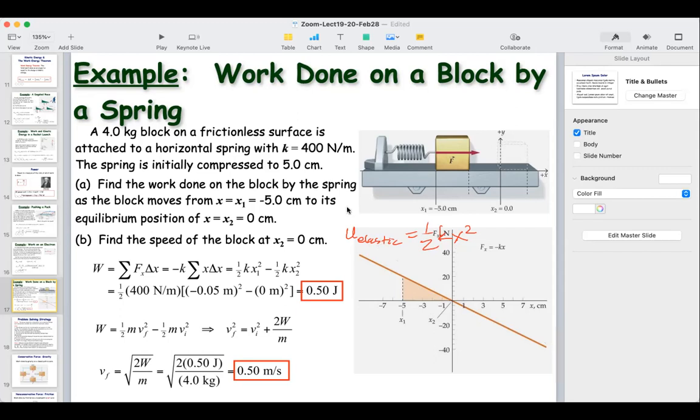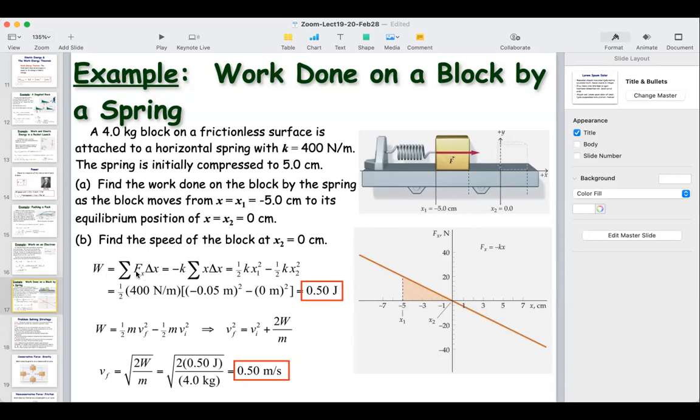Okay, very good. So in this case, we can use our usual work energy theorem. As Mike said, we know that the potential energy associated with the spring is 1/2 kx squared, where x is the displacement. So we have 1/2 kx1 squared minus 1/2 kx2 squared, and this is equal to the work.